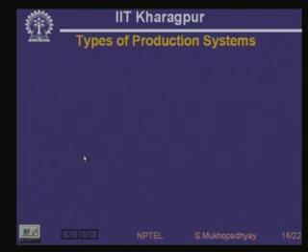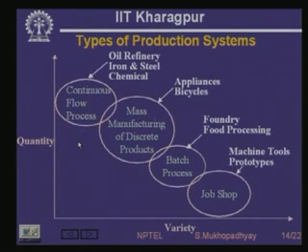how they look on the quantity variety chart, right. So, on this side this is a graph, and on this side you have the quantity for each given type of product, and on this side you have the variety of the types of product that the factory produces.